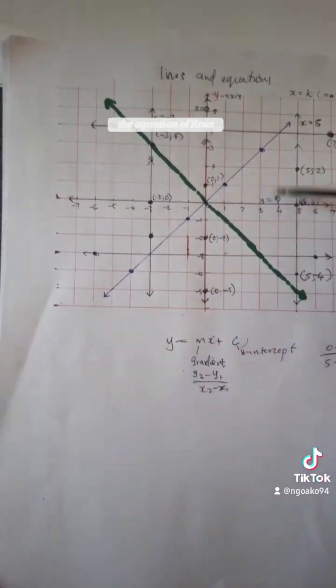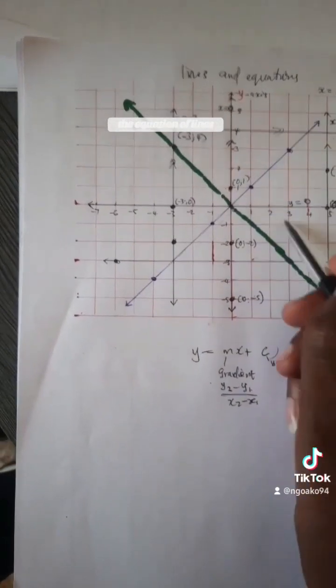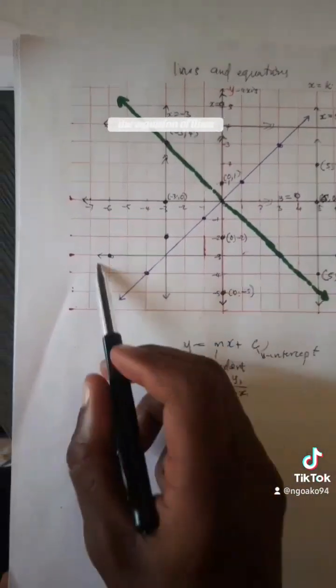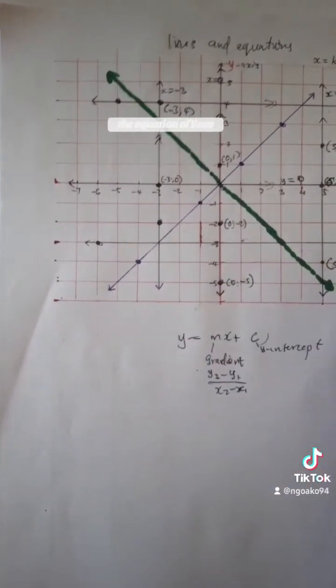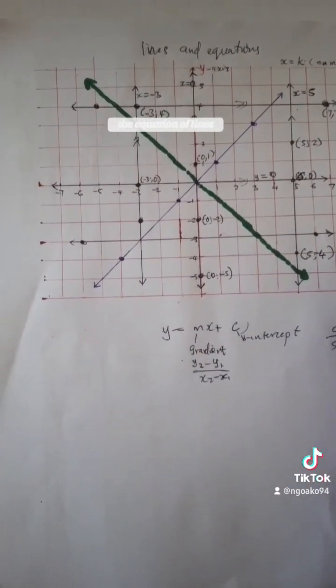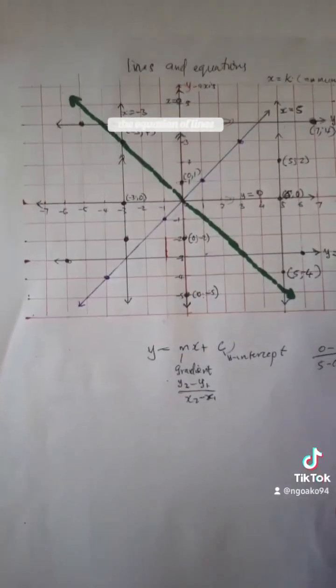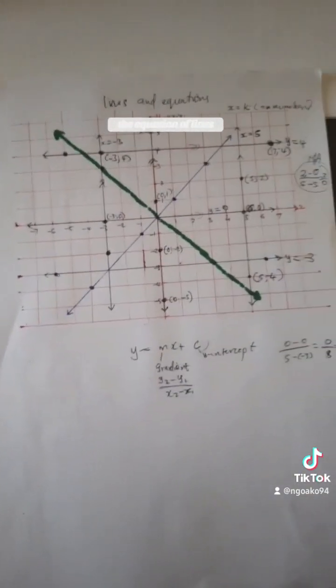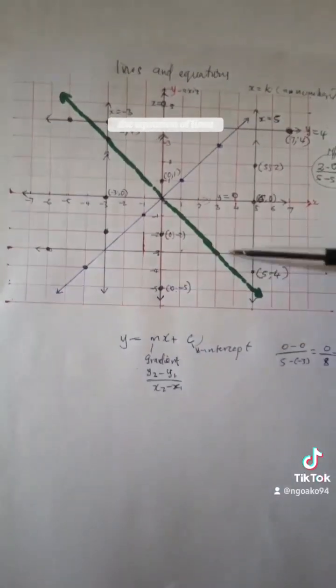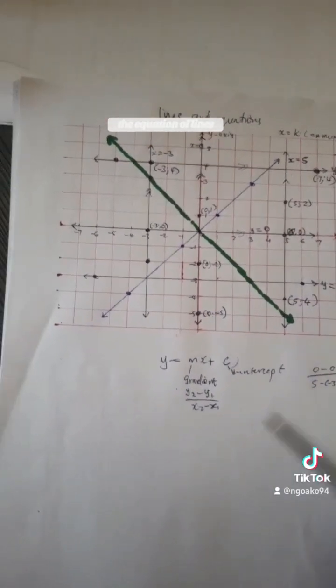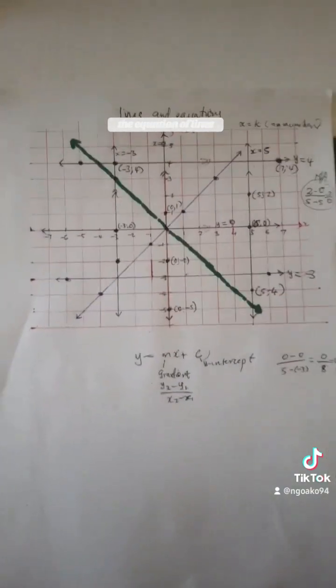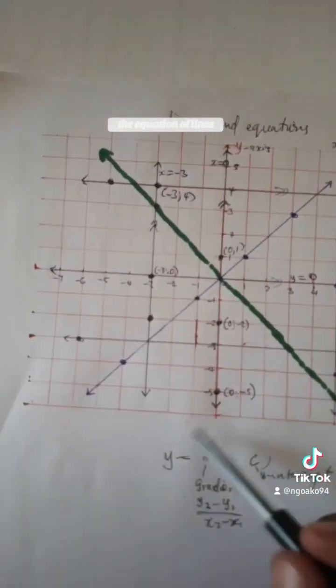This one quickly, because this line is now parallel to this one, will never change. The value will be y equals minus 3. So the equation of the line parallel to the x-axis will be y equals a number, because the gradient is 0.